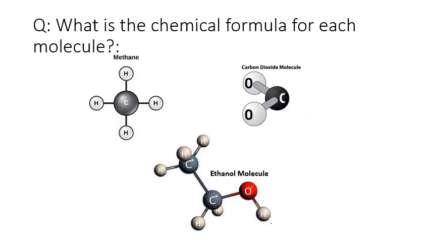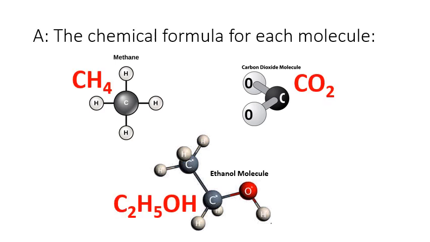All right, let's do a little practice here. We have 3 molecules, so it'll be 3 separate formulas: methane, carbon dioxide, and ethanol. Why don't you pause this right now and see if you can figure out what the formulas are. All right, methane had the 1 carbon in the middle, 4 hydrogens around the outside, so it's CH4.